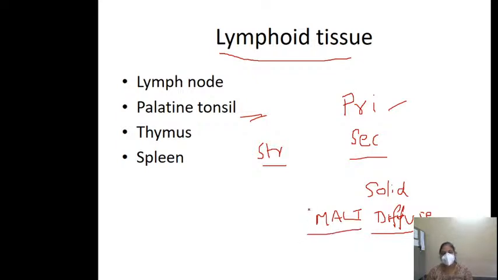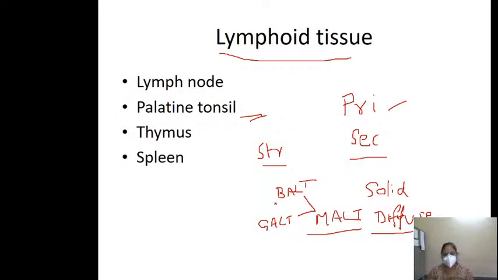In mucosa associated lymphoid tissue, primarily we have two types: one is BALT and the other is GALT. BALT means bronchus associated lymphoid tissue, and GALT means gut associated lymphoid tissue.